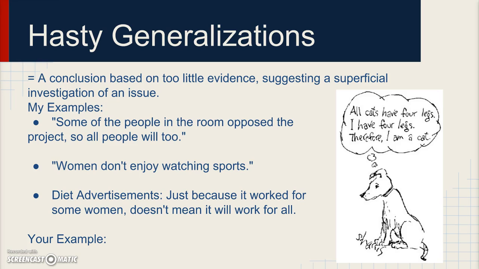All women do not fall under that category. If you look at the example on the PowerPoint slide, it says all cats have 4 legs, I have 4 legs, therefore I am a cat. That would be a hasty generalization, because even if you have 4 legs, you are not necessarily a cat.